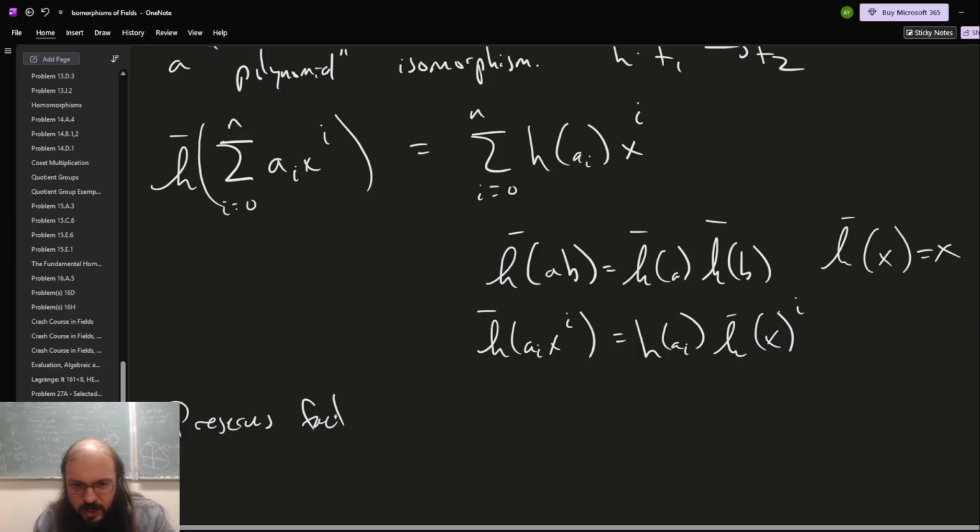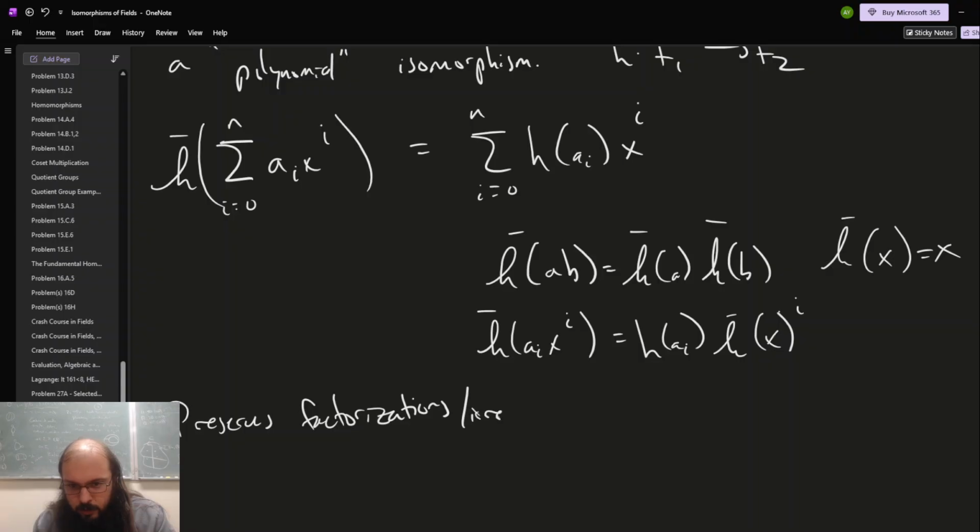Preserves factorizations or irreducibility because it has to, right? If it's a multiplicative thing and one of them factors and you apply an isomorphism, the multiplication of the factorization has to go over to the multiplication somewhere. And so you could never possibly send something reducible to irreducible or vice versa because the inverse of an isomorphism is also an isomorphism.